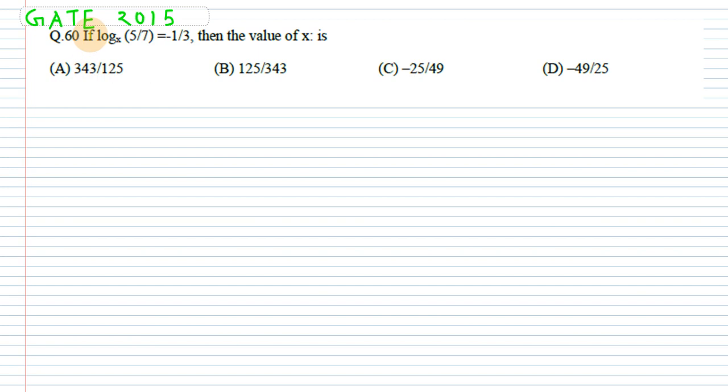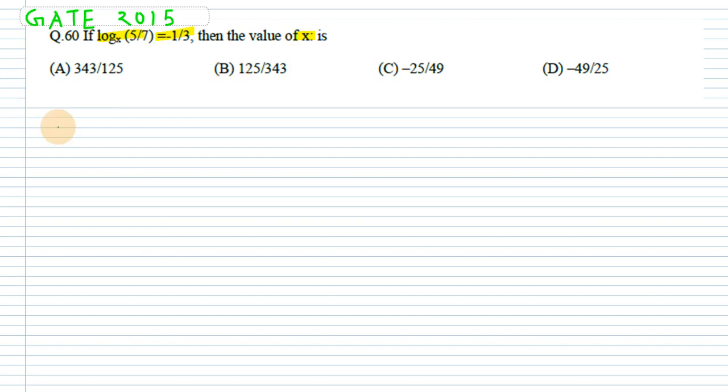So the question says, if log of 5 by 7 with base x is equal to minus 1 by 3, then the value of x is, and here are the options given.